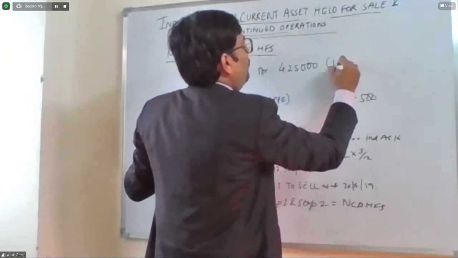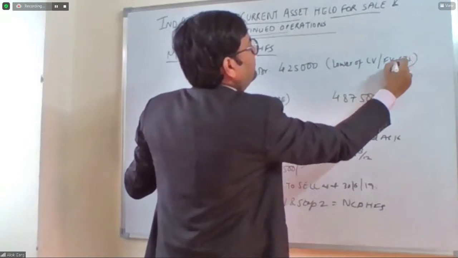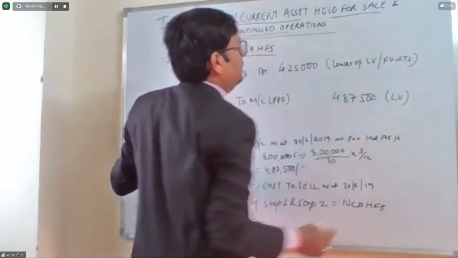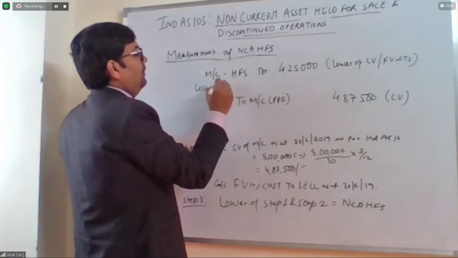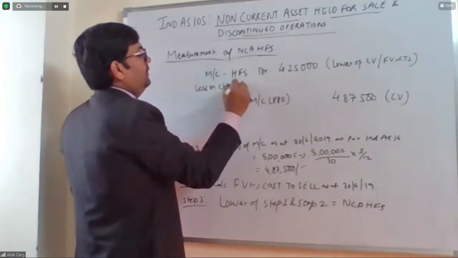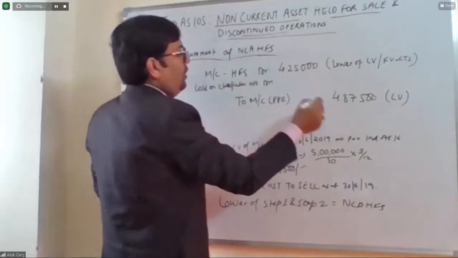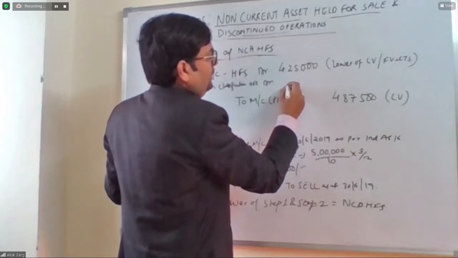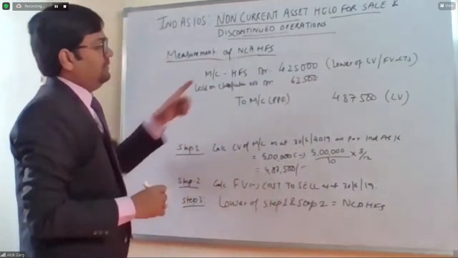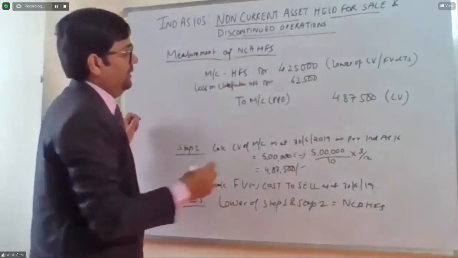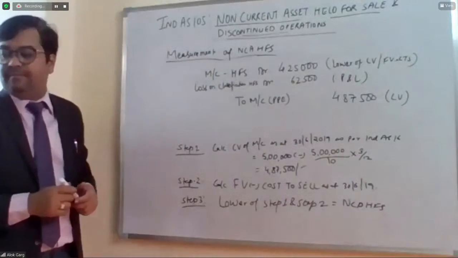So this is the carrying value, and the other is lower of carrying value and fair value less cost to sell. The differential will go to P&L. Loss on classification as HFS, debit. This will go to P&L. How much amount? 62,500. Am I right? So this will be the accounting entry.